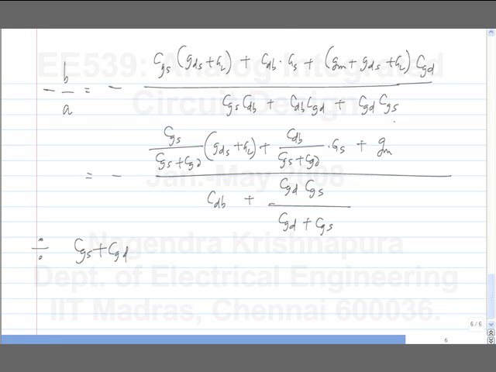Actually, this whole thing will, yeah. So GM will get multiplied by CGD by CGS plus CGD. Okay. Which term is missing? GDS? GS times CGD.